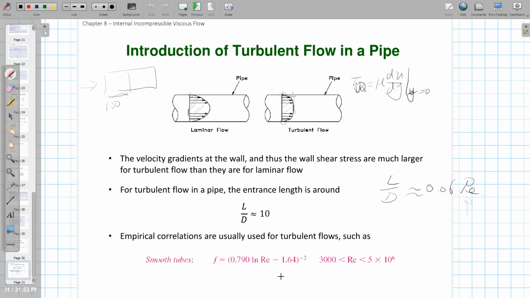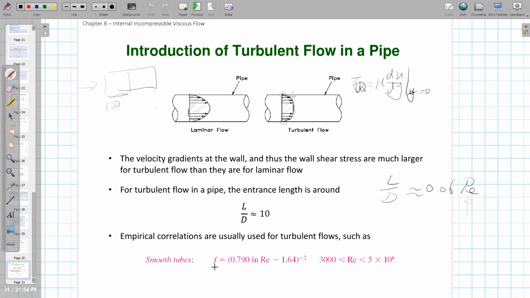If you go to the literature, we have a bunch of this kind of correlation telling you what the friction factor is for flow in a circular tube, or for the flow if this tube is very small, like nanotubes or microtubes, and what if this tube is triangular, rectangular, elliptical, all those kinds of tube shapes.